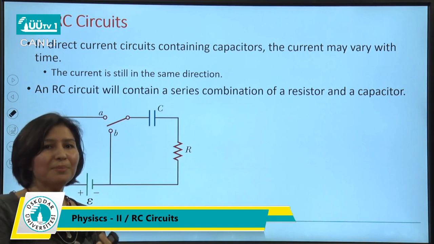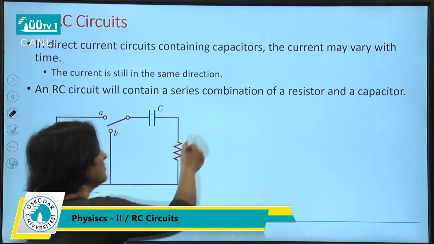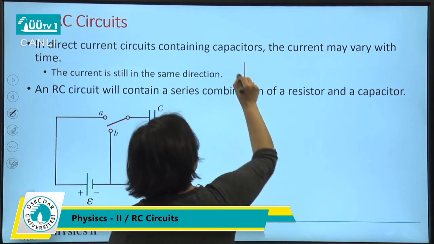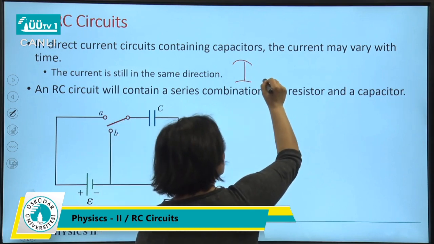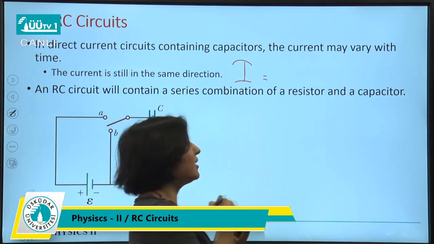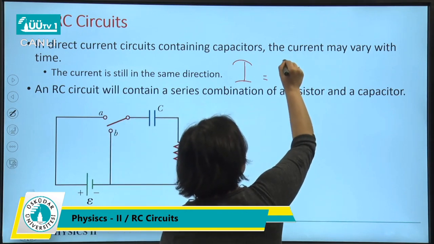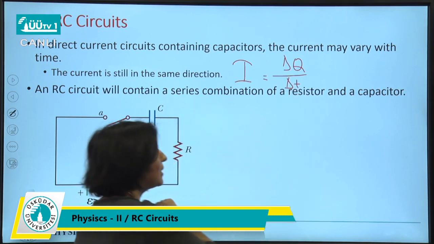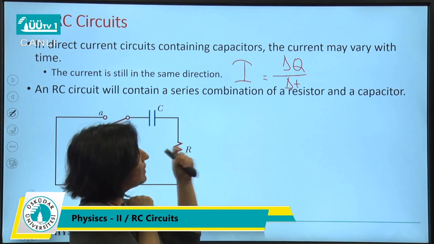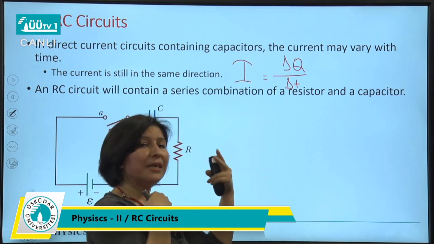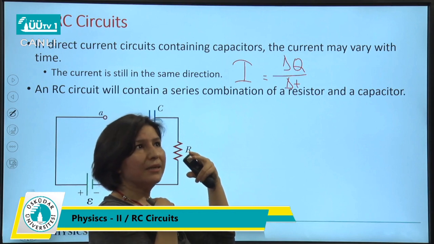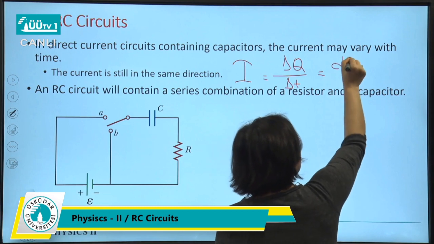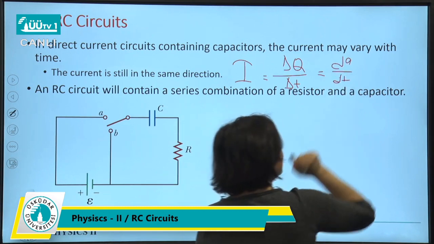Remember how we describe the current? It was I. The amount of charge passing through a cross-sectional area per unit of time, and we describe it as delta Q over delta T. But now it varies in time, so we write the instantaneous current as dq over dt.